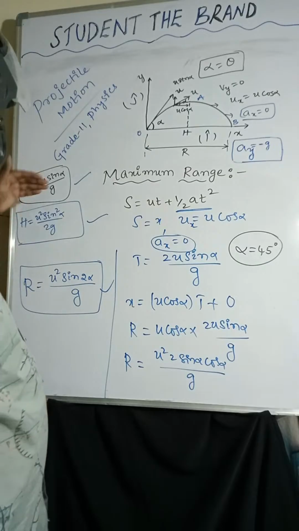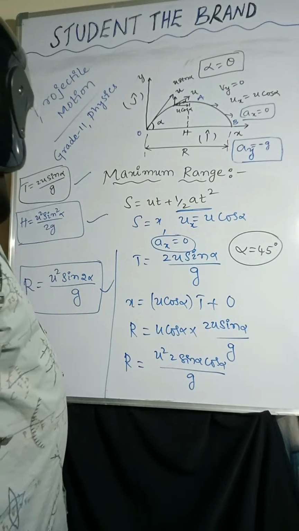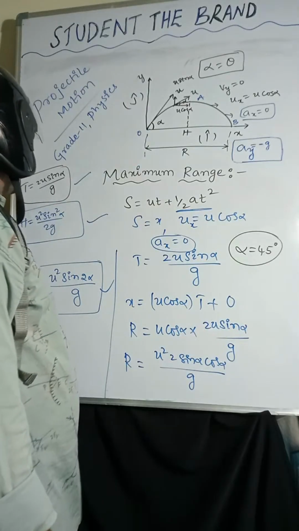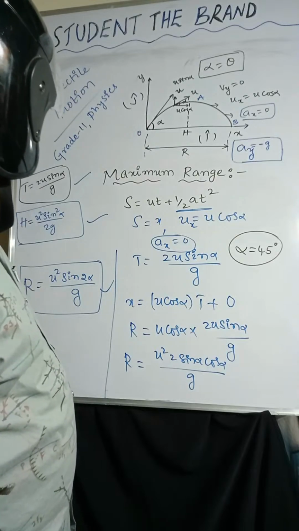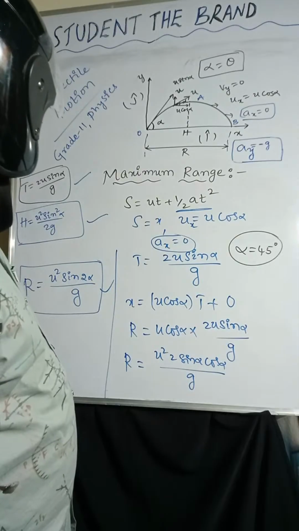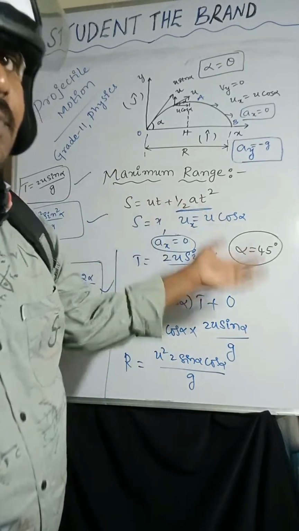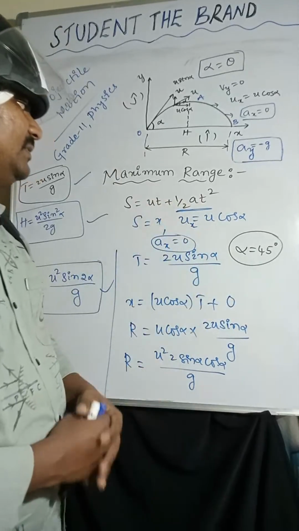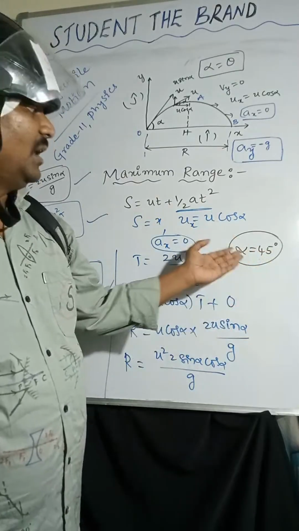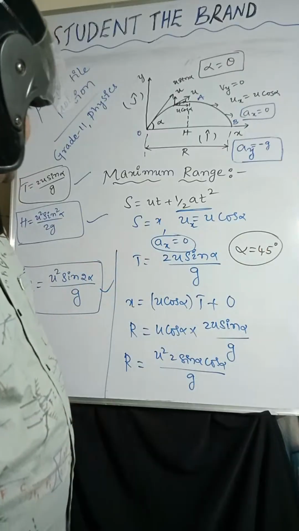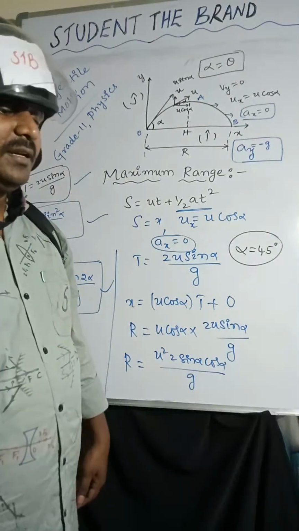Here also sin square 45, so 1 by 2. Is it clear? If you have any doubts, substitute alpha equal to 45 degrees. Will you get maximum range? Let me know.